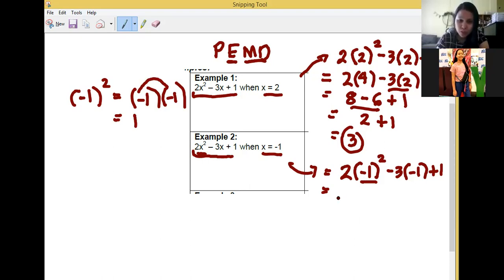So we have 2 times 1. Next, -3 times -1. Negative times negative is positive. 3 times 1 is 3 plus 1.